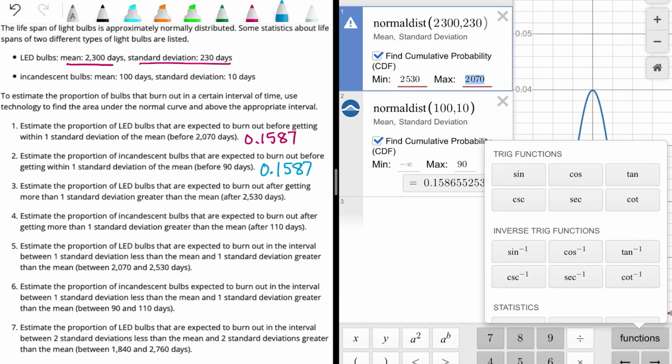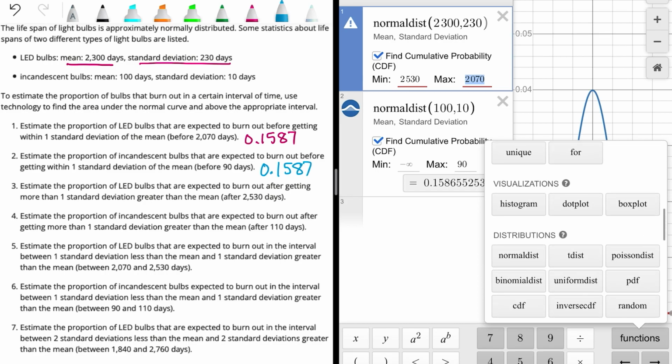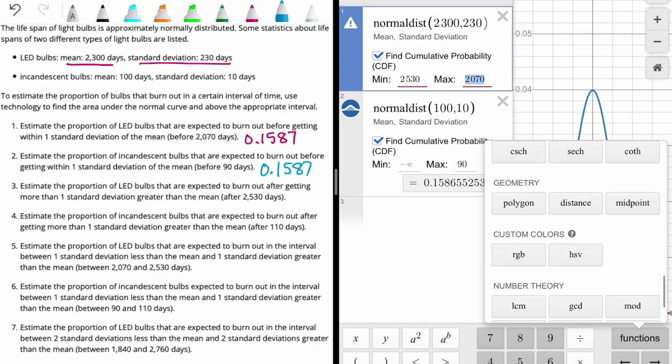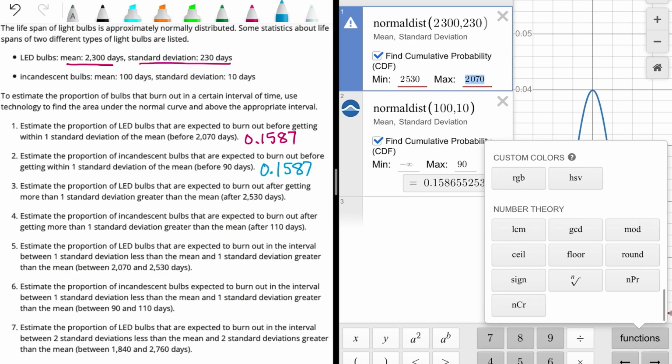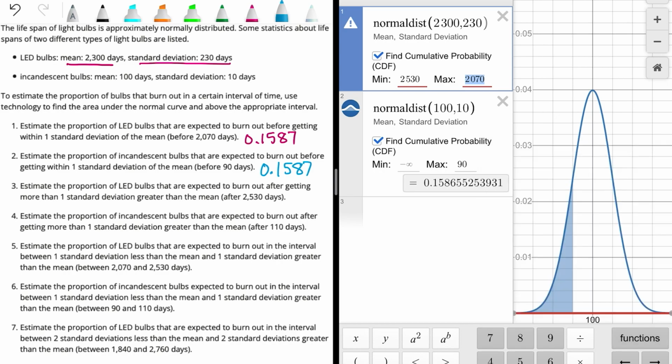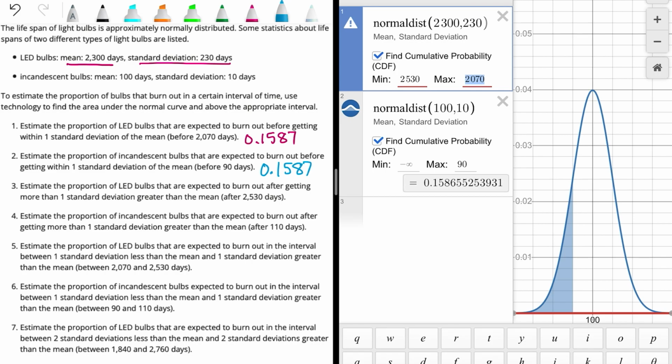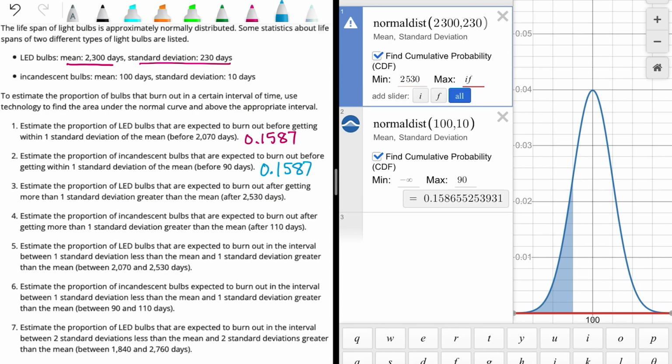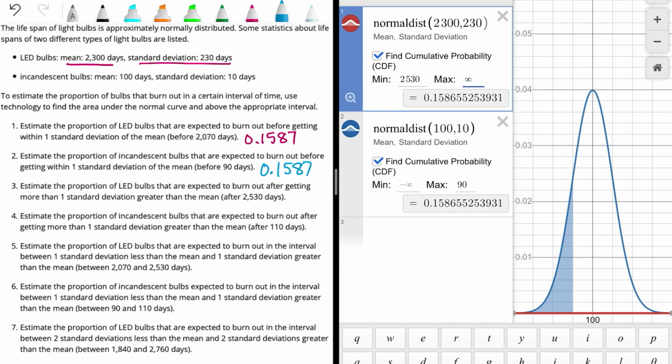It's not a function. I wonder if I just type it in. There we go. If you type in infinity, it works.